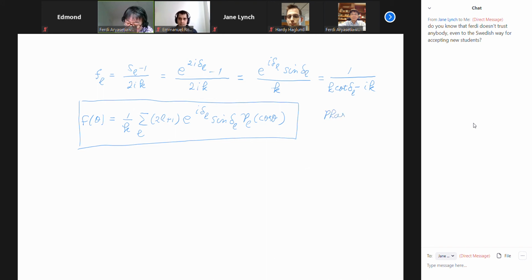This is sometimes called the phase shift analysis. So the scattering problem can be nicely formulated in terms of phase shifts, and we'll see later why we have these phase shifts here. For the moment, it's just some phase, but when we consider an example, we will see what is meant by this phase shift.